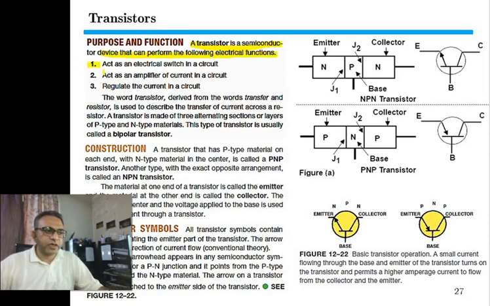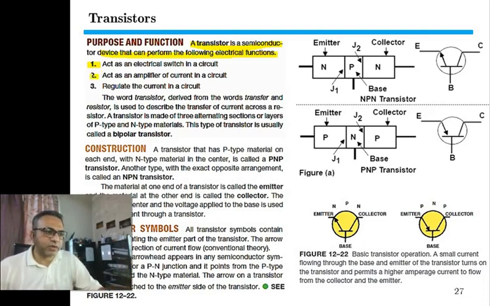First, it can act as an electrical switch in a circuit. Perhaps this is the widest used application in automotive electronics. When we provide a base current, the transistor is said to be turned on, and when we remove the base current, the transistor is said to be turned off.